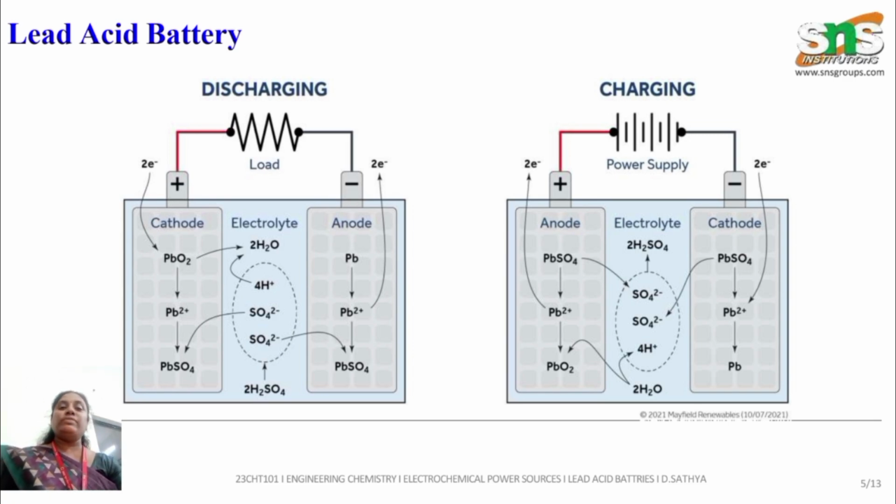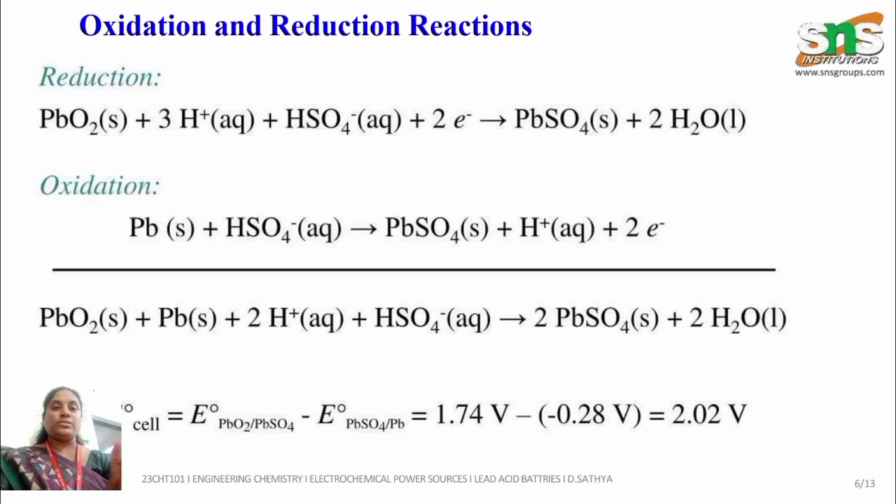The oxidation and reduction processes happen simultaneously, which is why it is called a redox reaction. At the anode there is loss of electrons, at the cathode gaining of electrons. The process is reversible, so discharging and charging happen through oxidation reduction reactions.